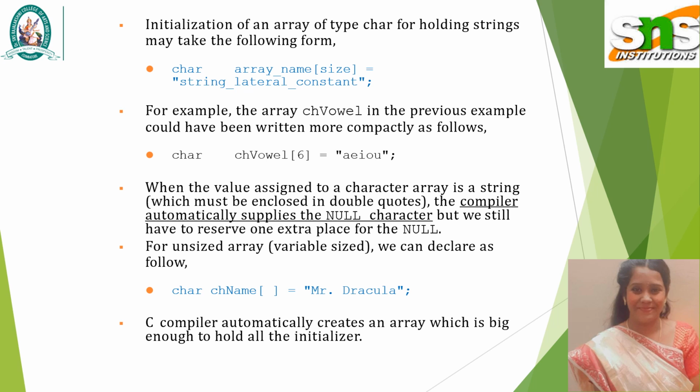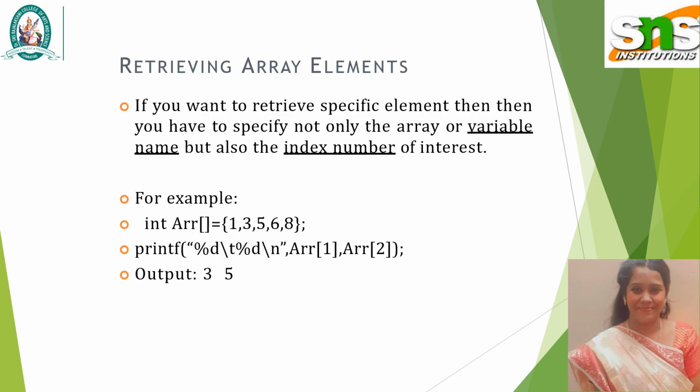When the value assigned to a character array is a string, it must be enclosed in double quotation marks. If it is a single character, it has to be enclosed in single quotation marks. But we still have to reserve one extra place for null. The compiler automatically creates an array big enough to hold all the initialization values.